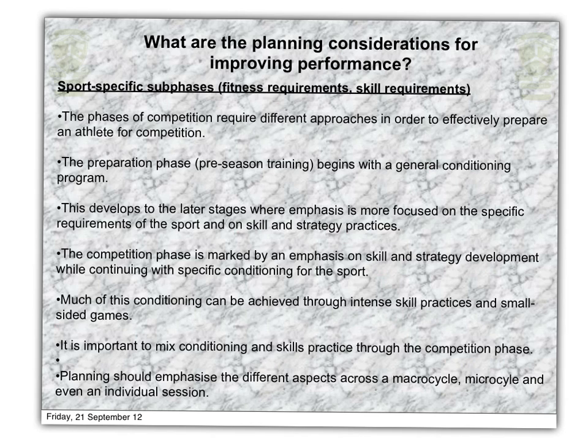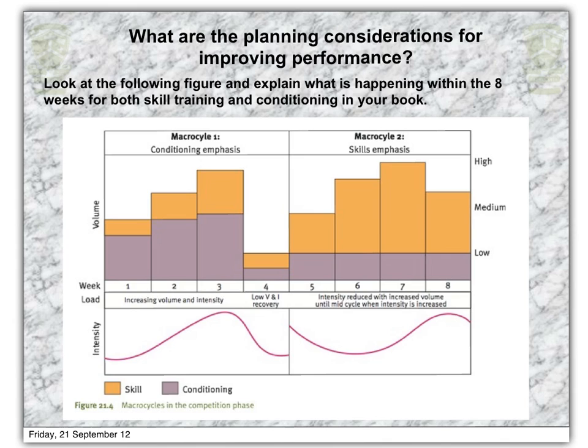So you might tailor individual sessions for certain athletes or positional aspects that can be incorporated into specifics for the athlete. What we want to do here is have a look at the following figure and explain what's happening within the 8 weeks for both the skill and the conditioning. Please do that in your book.